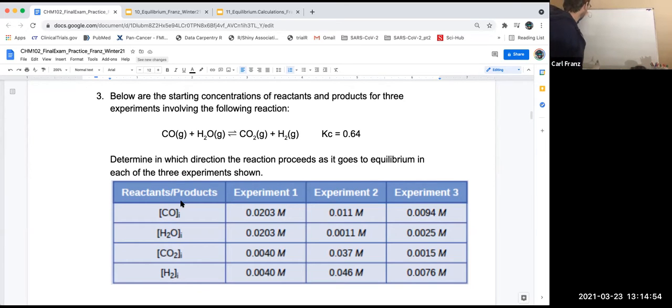We would say Q is equal to H2 and CO2 over CO and H2O.